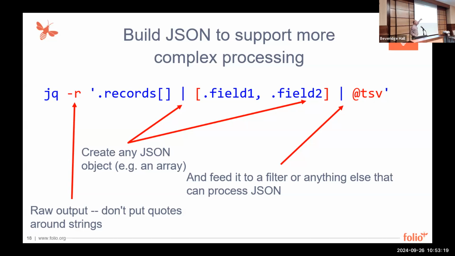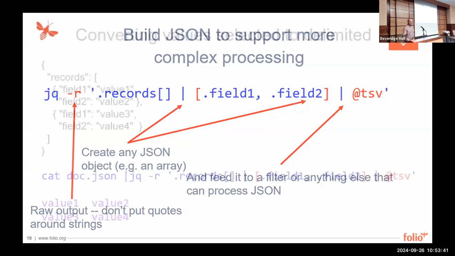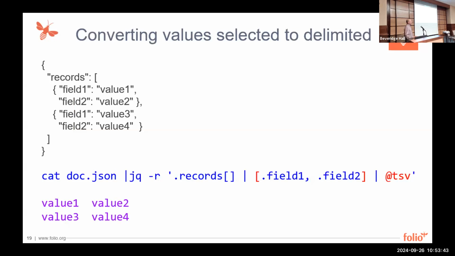We take both fields that were present and run them through the convert to tab delimited filter. We also tell it to give us raw output, so don't think of the output as JSON, and that way it's going to look something like tab delimited.